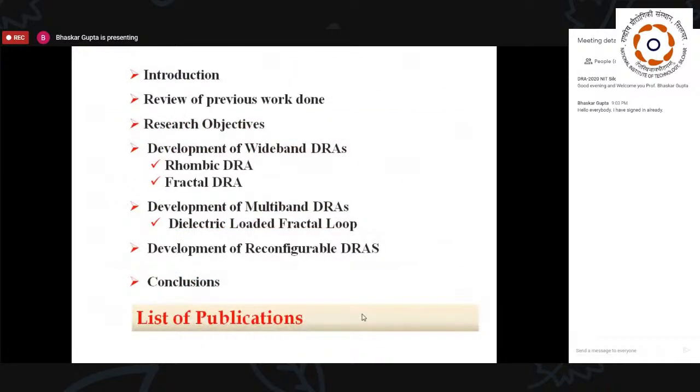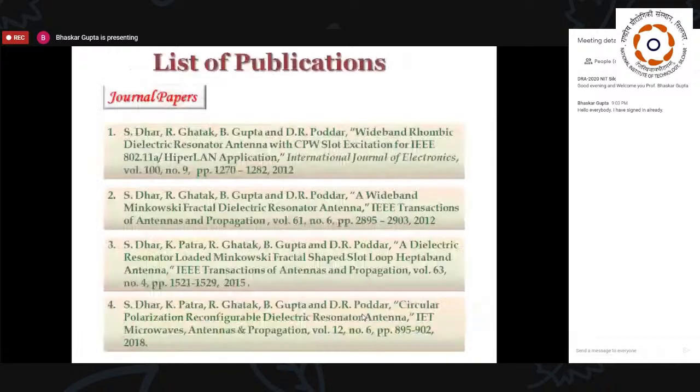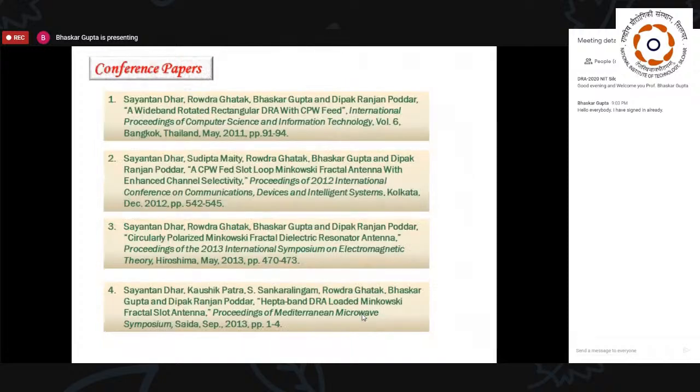So I've shown you so much of our application oriented work. These are papers in which they have been reported from time to time, published in IJE, in Transactions on AP, as well as in IET Microwaves, Antennas and Propagation. These journals are cited quite a number of times.